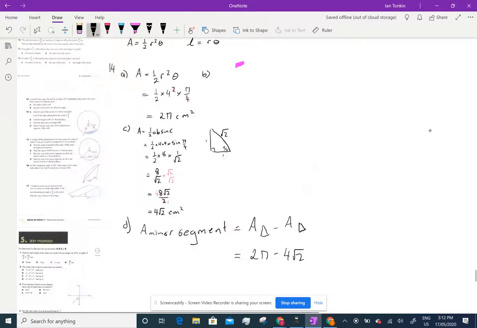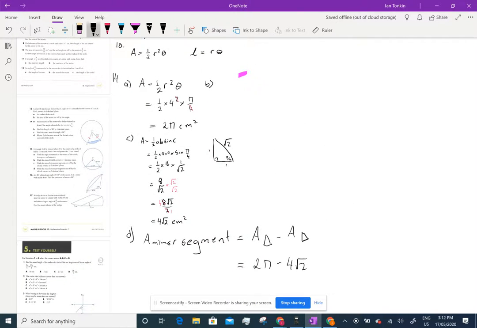Okay. B was a little bit harder. I want you to think about B. We've got to find the length. So I'm just going to draw the triangle for B. So remember, there it is. And we've got to find this distance, BC. Now, this is an isosceles triangle. So I'm going to draw an altitude. All right, so I'm going to get a right angle triangle.